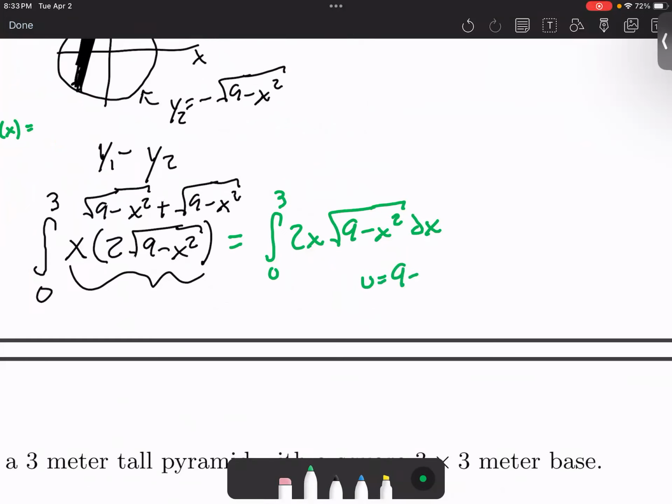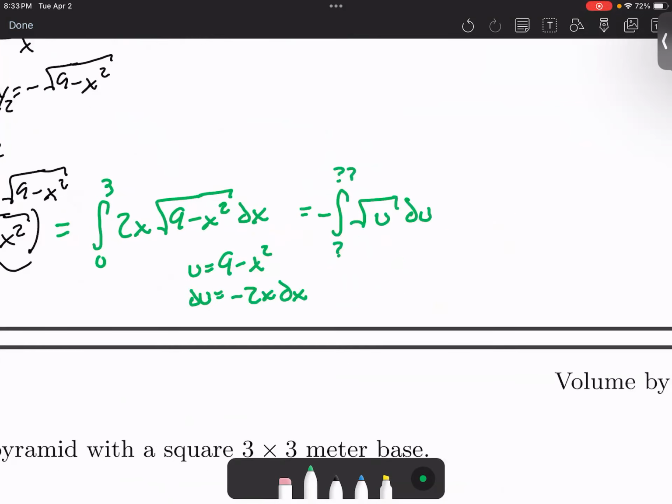U can be 9 minus x squared, du is then minus 2x dx. So we can rewrite this as an integral in u as minus the integral from some lower bound to some upper bound of the square root of u. I'm not going to compute those bounds because I'm just going to integrate and then put it right back into x.